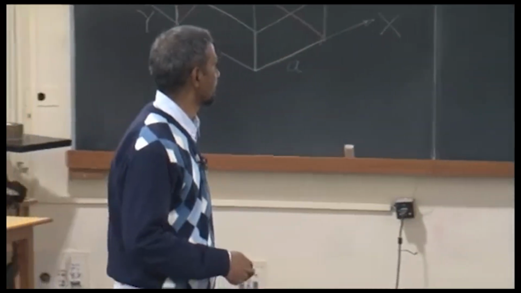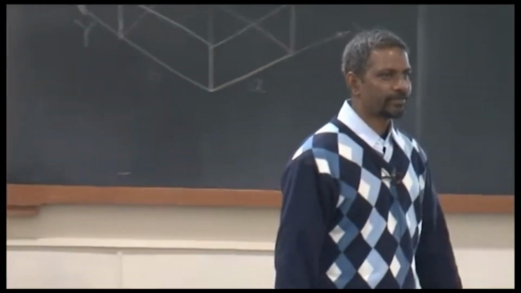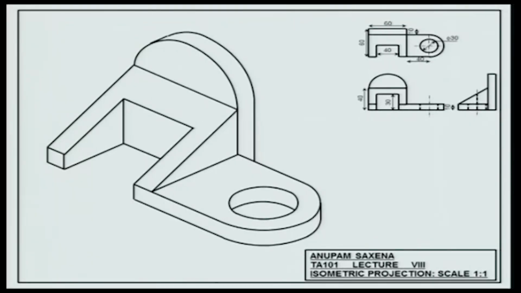Okay, let's get to a tougher problem. Shown on the screen is the third angle projection of an object. I'll spare you the effort. I'll tell you that the object looks like this. 10 seconds to clear your throats. Now, if you realize, you can actually break this object into 3 parts.